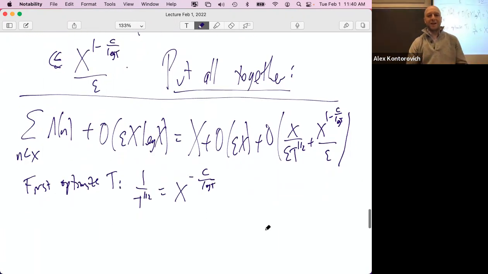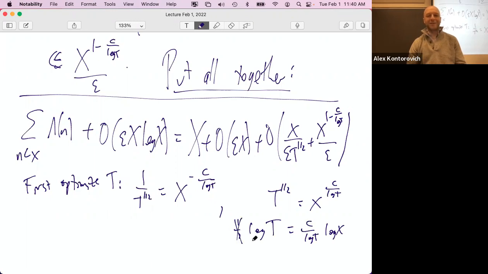Let's invert both of these. So t to the 1/2 needs to be equal to x to a constant over log t. How do you solve an equation like this? You take logs of both sides. So 1/2 log t is equal to a constant over log t times log x. It doesn't matter that I put a 1/2 here because it's just some constant, I don't care what it is, so I'll suck the 1/2 into the constant.